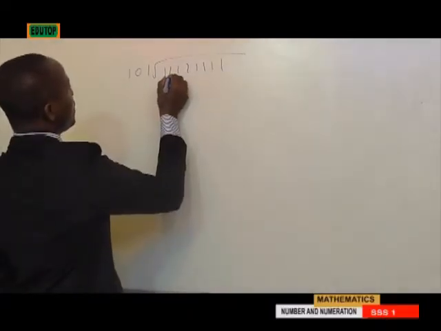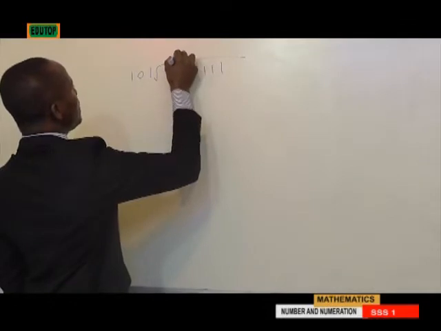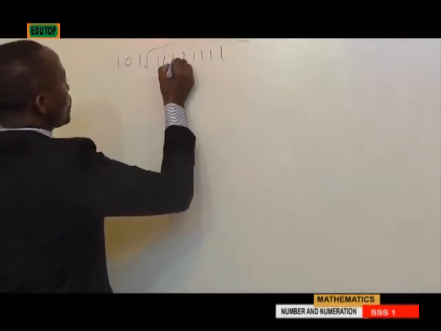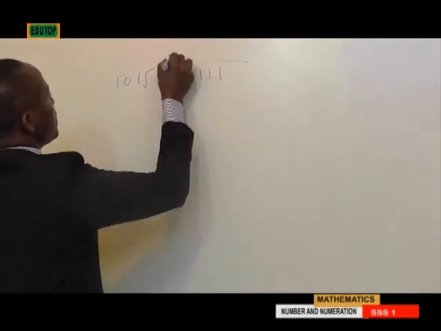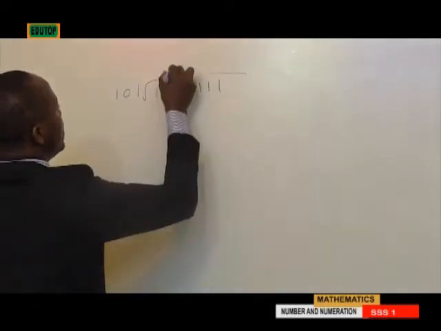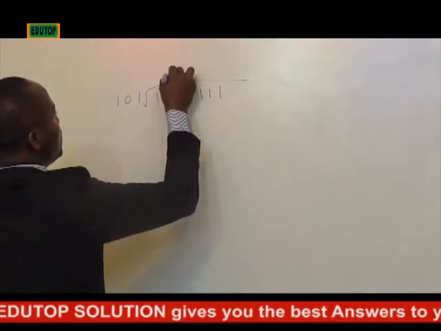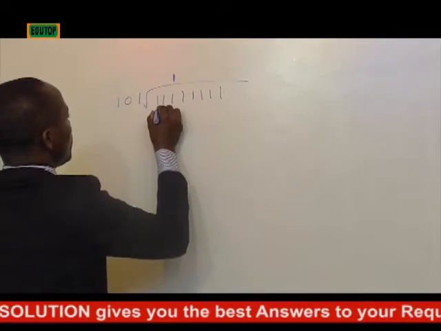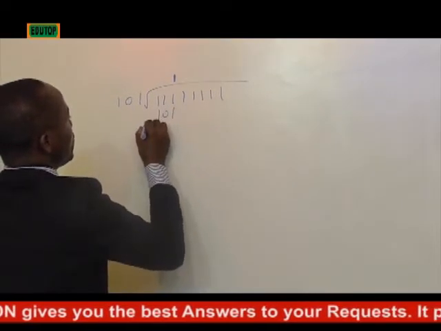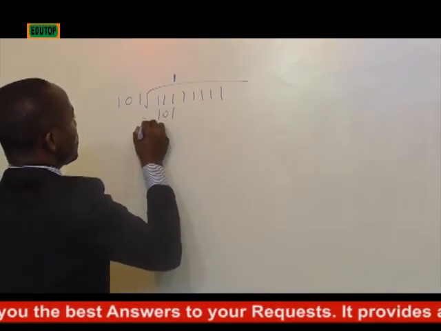It's not possible to divide this, so on this one, which is possible for us to divide, we'll be having 1. That is 1 times 101 will be 101.